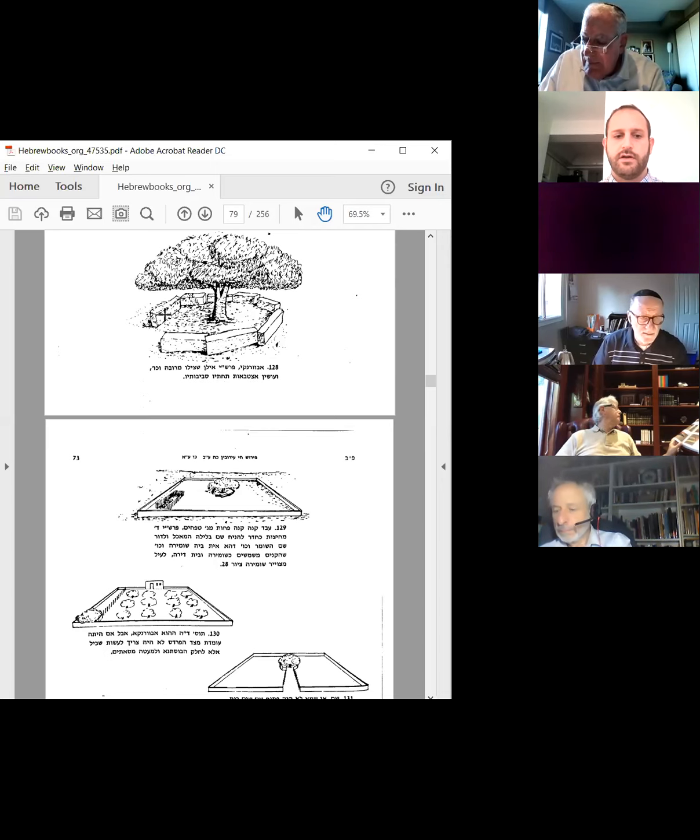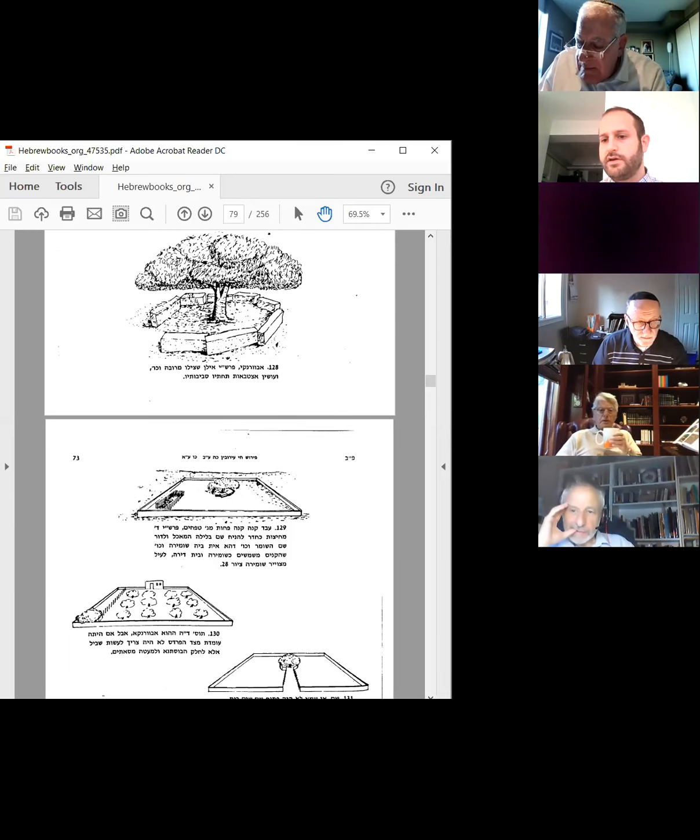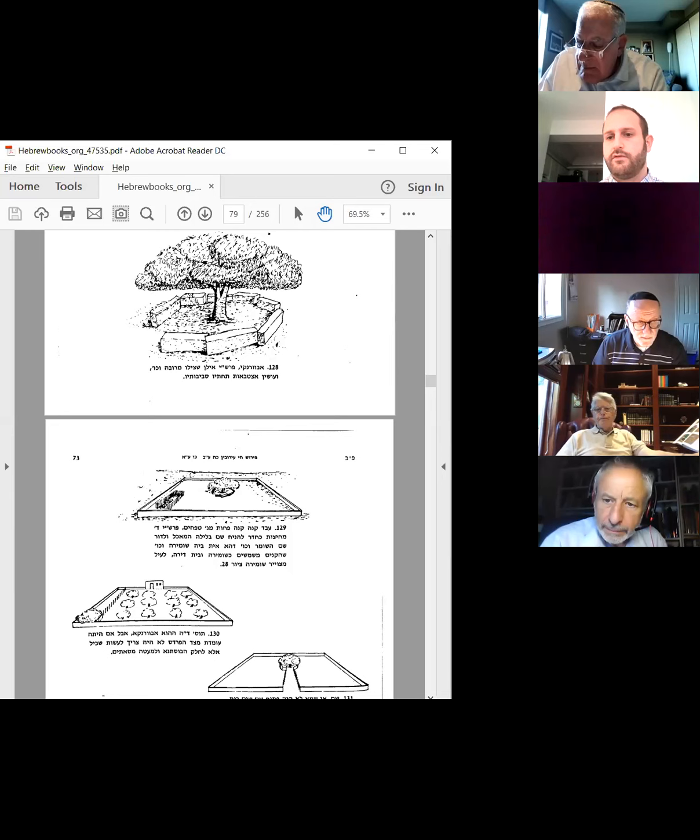So that's option one. And then option two is that it's either a nice tree or a nice tree combined with an achsadra. So you basically see the tree, but not only is there a tree, there's also some sort of pergola or veranda type structure underneath it.